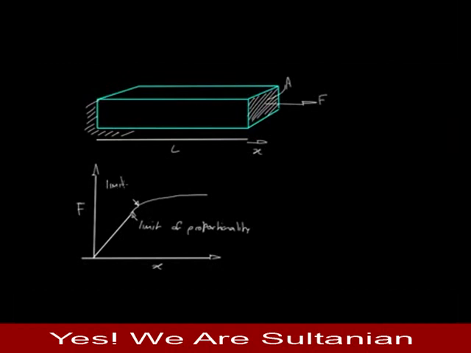I'll explain that in a second. Elasticity. Okay, now what that means, basically, up until that point, if you were to let go of that force, the extension would decrease and it would return back to its original length.